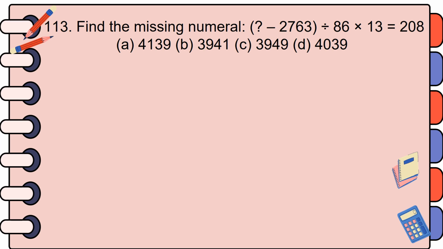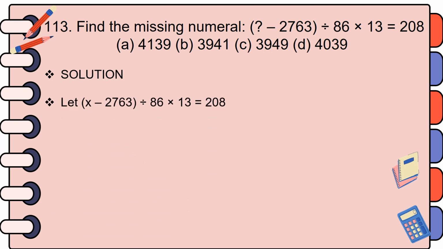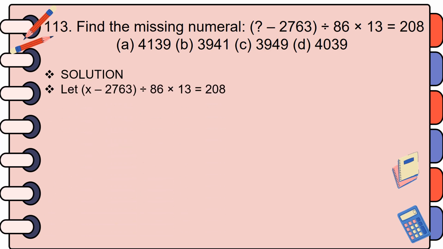Okay, let me show you the solution for this question. You have the equation, and from this equation you can rewrite it in such a way. There is a parenthesis. If x were known, the operation in the parenthesis would be performed first, followed by division, multiplication, addition, and subtraction from left to right.